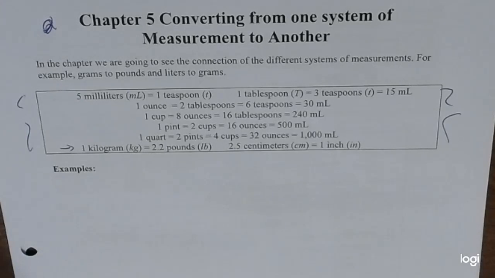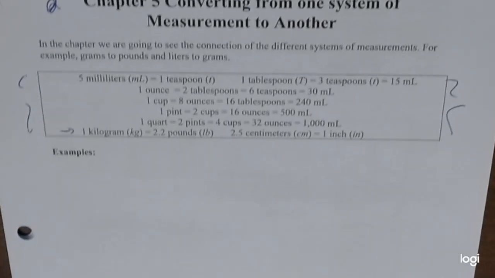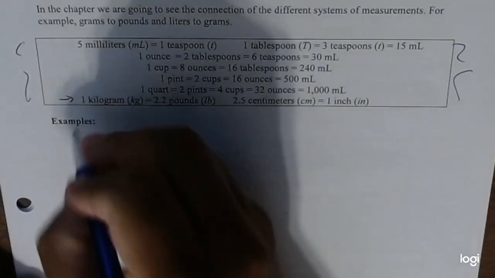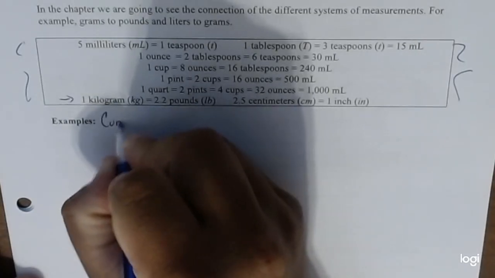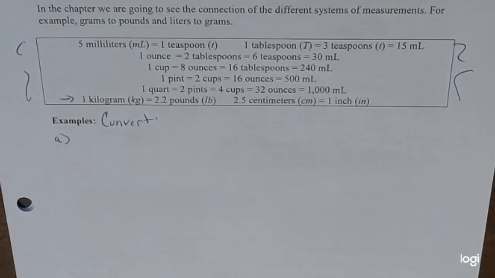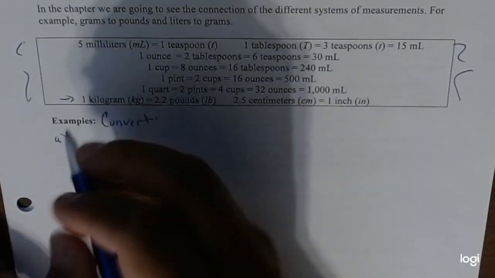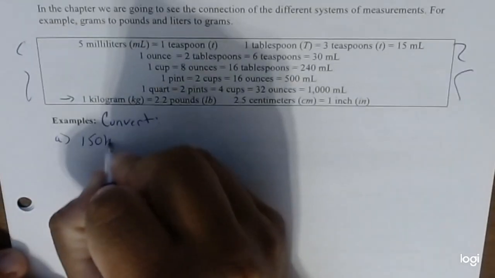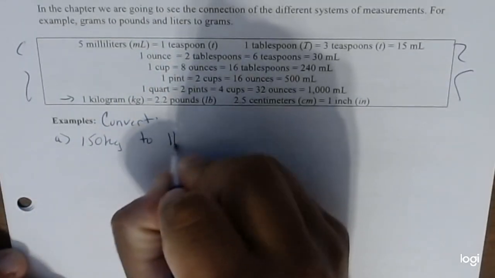So we'll try some of the questions out so you can see how this relationship works. We're going to convert a couple, and I'll also post up practice problems. Let's convert 150 kilograms to pounds.